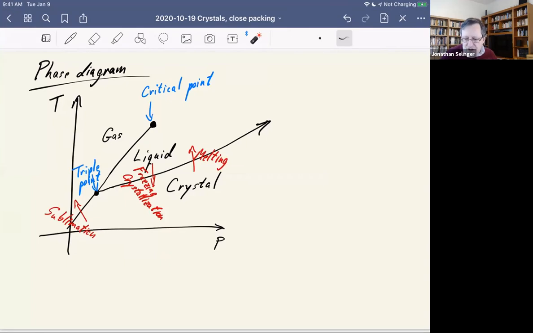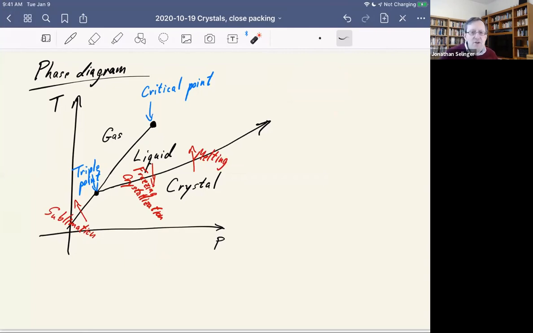So if you are anywhere out here, you can ask, does the material have these symmetries or not? That's a yes or no question. If the material has the symmetries of a liquid, it's a liquid.